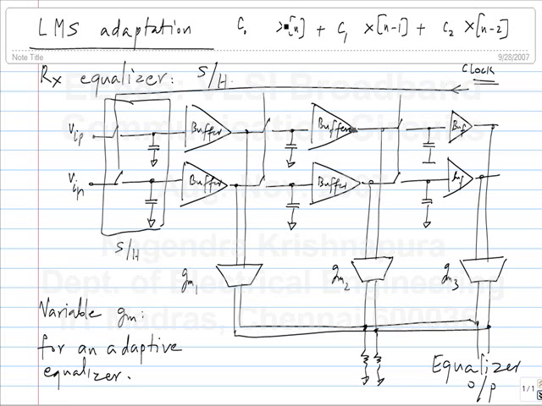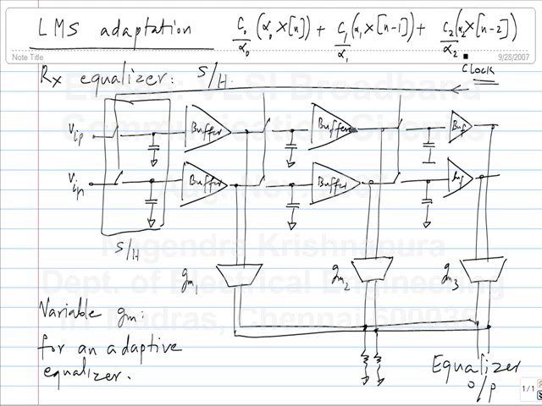Now, instead of x of n, you get, let's say, alpha 0 x of n, alpha 1 x of n minus 1, alpha 2 x of n minus 2. To get the same transfer function, you will have to scale this by the corresponding alphas. And when you have adaptation, that part will take care of doing this automatically, right?